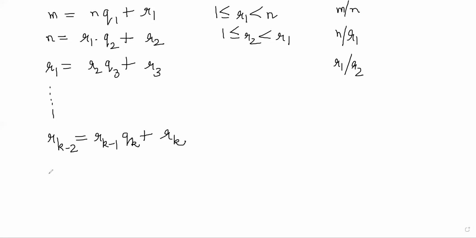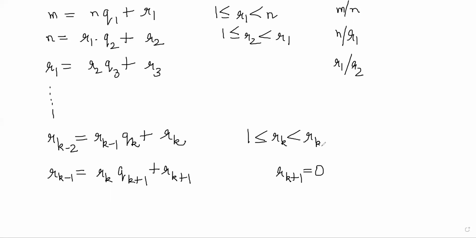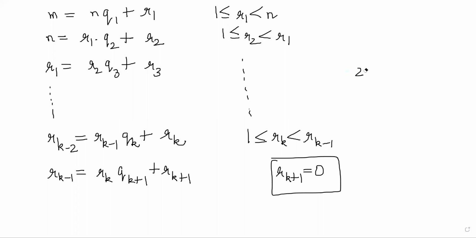And finally, we will say Rk minus 1 is equal to Rk q of k plus 1 plus R of k plus 1, right? This final division we'll keep doing till we reach the point where Rk plus 1 is 0. Everywhere else we'll get inequalities like this, and at the end you should have Rk plus 1 is equal to 0, right?